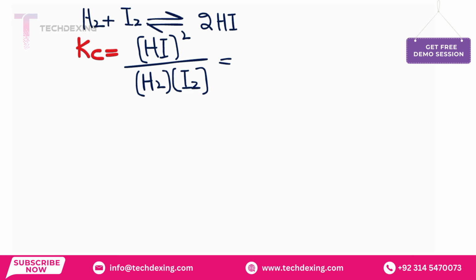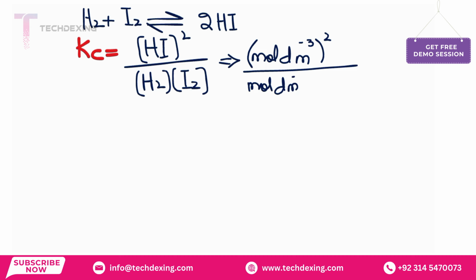So here it will be mole per decimeter cube, squared. Very good. Here it will be mole per decimeter cube over mole per decimeter cube, and the next one is mole per dm cube.